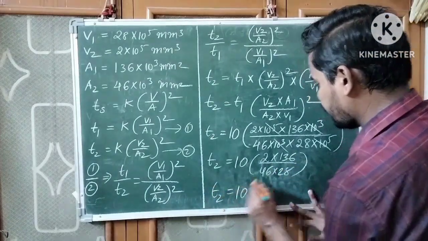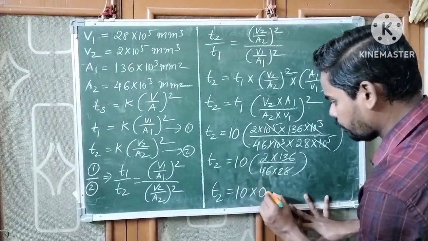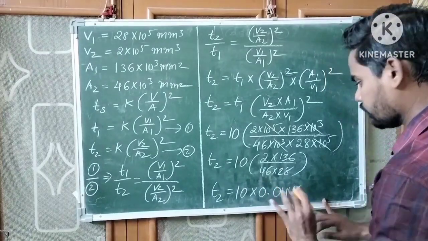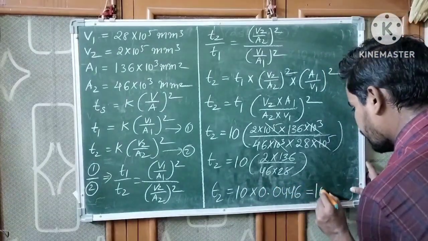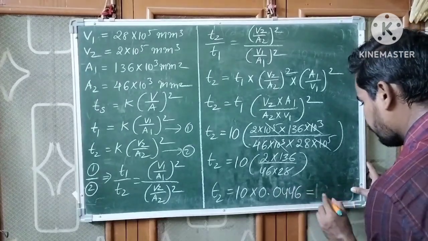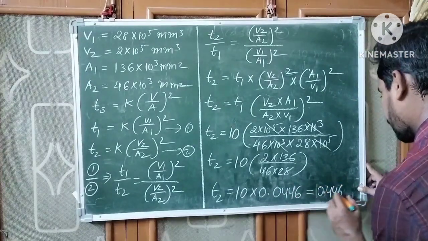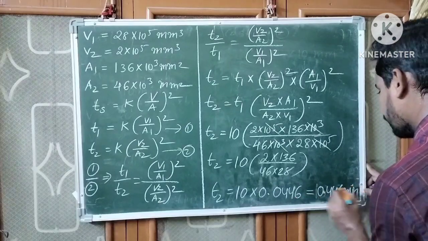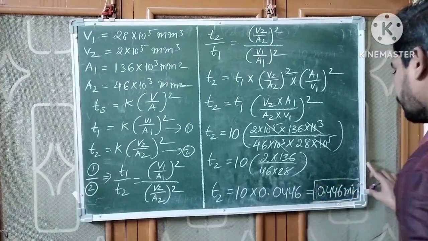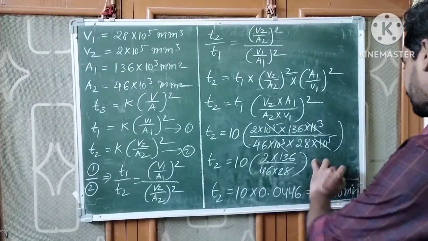If you simplify this, you will get approximately 0.0446. Finally, 10 into 0.0446 means 0.446 minutes. Therefore, the solidification time for casting 2 is 0.446 minutes. This is the final answer.